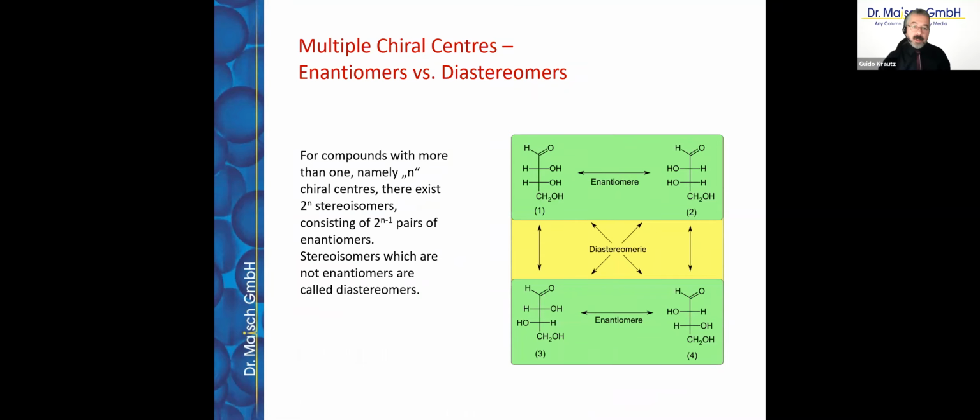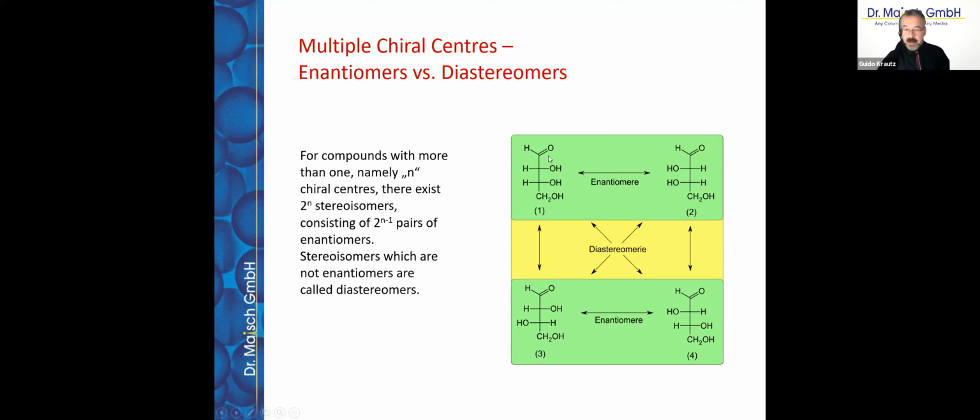A molecule could also have multiple chiral centers. And then we get to enantiomers as well as diastereomers. So for a compound that has more than one center, namely n centers, there exist 2 to the power of n stereoisomers. And these consist of 2 to the power of n-1 pairs of enantiomers.